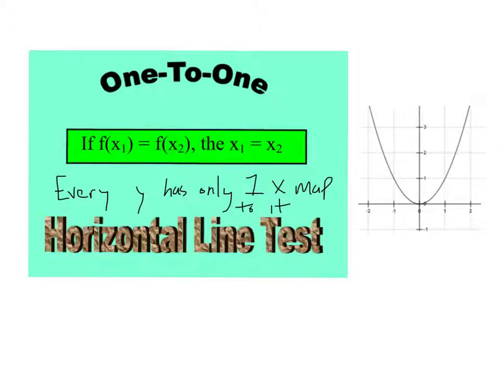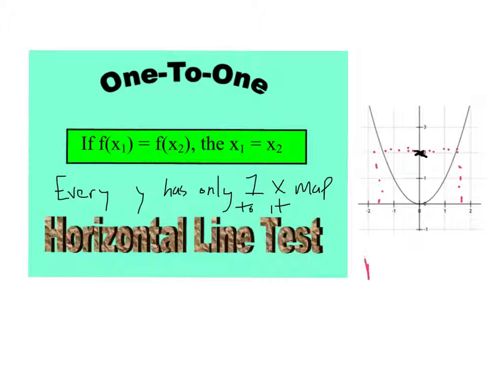So, for example, let's say on my little graph of x squared, I pick a y value of 2. Well, if I said, what two values map to that, you'd say, well, the square root of 2 and the negative square root of 2.